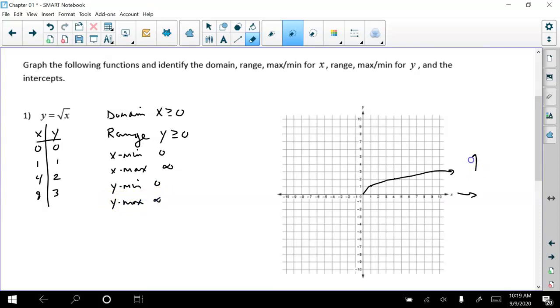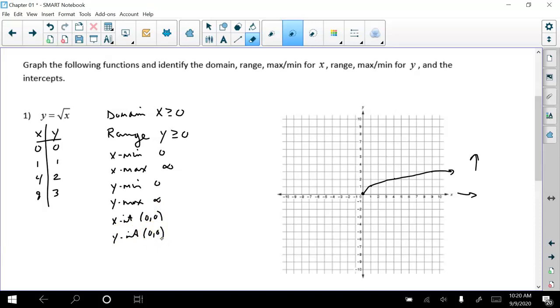It's just going to keep going up and up and up. Now, lastly, we need to talk about the intercepts, where the graph crosses the x-axis and where the graph crosses the y-axis. Our x-intercept is crossing that x-axis at the origin at 0, 0. And that's the same for our y-intercept.